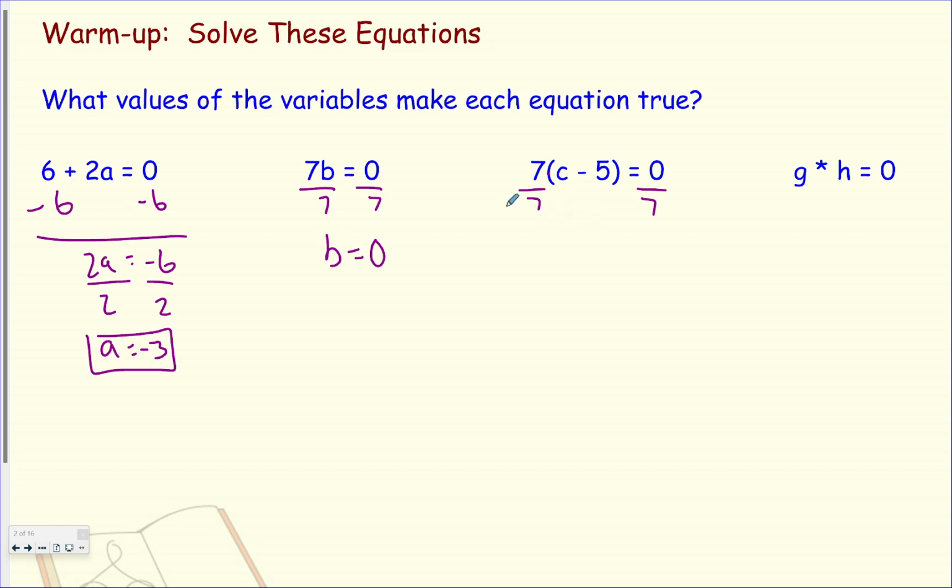Divide. So I can divide both sides by 7, and I get c minus 5 equals, now before 0 divided by 7, that's still 0. So the 7 just, well, vanished. Now the parentheses we don't even need anymore, so we can just write this as c minus 5 equals 0, add the 5 to both sides, c equals 5.